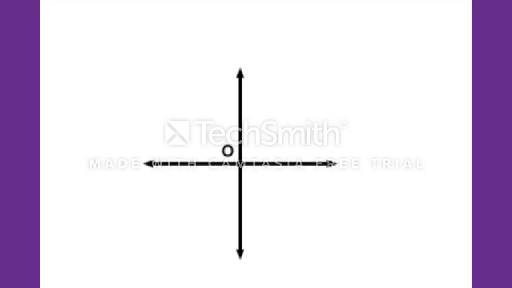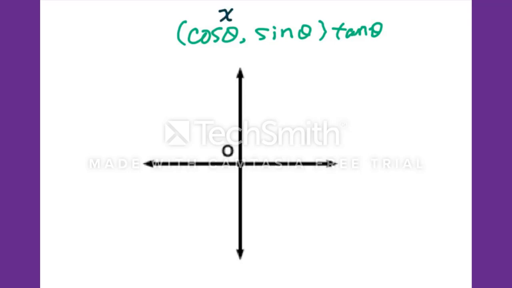We already know that for a unit circle, the coordinates are cosine theta, sine theta. Let's add one more, tangent theta. That's x, y, and then over here will be y over x, because tangent theta equals sine over cosine.